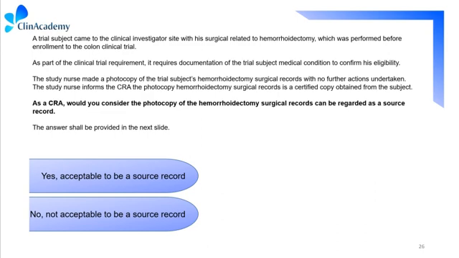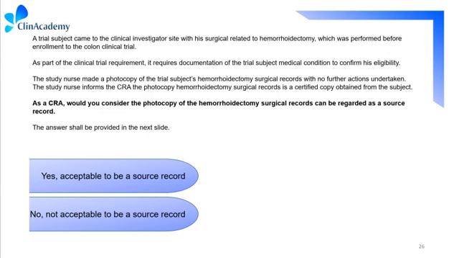As part of the clinical trial requirement, it requires documentation of the trial subject's medical condition to confirm his eligibility. The study nurse made a photocopy of the trial subject's hemorrhoidectomy surgical records with no further actions undertaken.